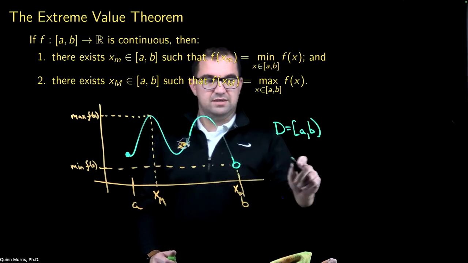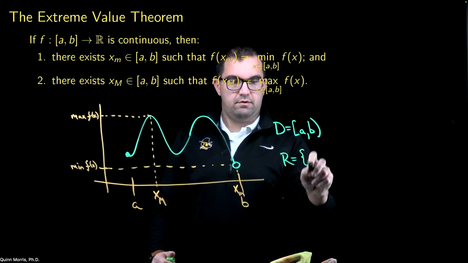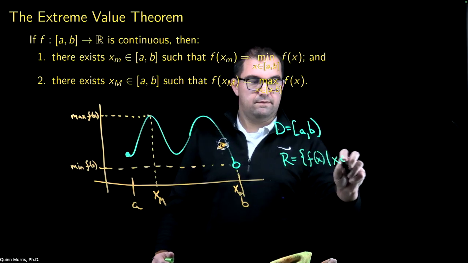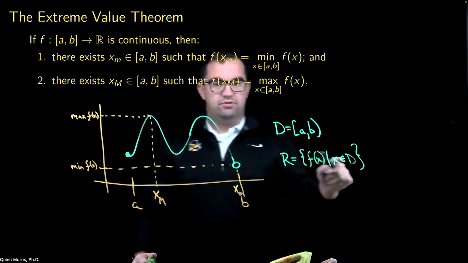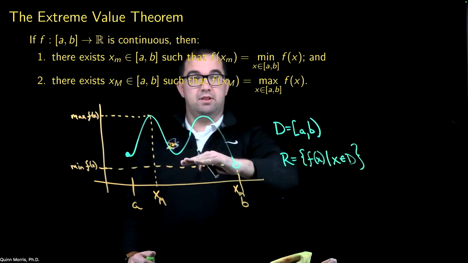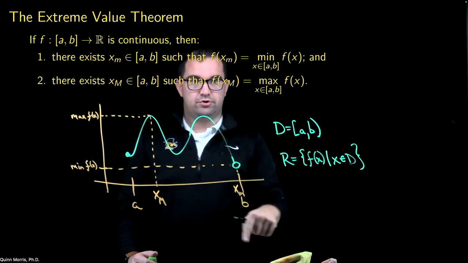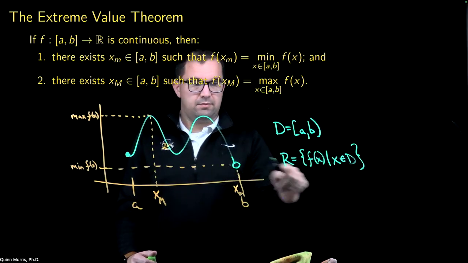here, if I look at the set of all values f of x, so that x is in my domain, this set is now bounded below. So it does have an infimum, right? These values aren't unbounded below. They don't run off to minus infinity. So they are bounded below.